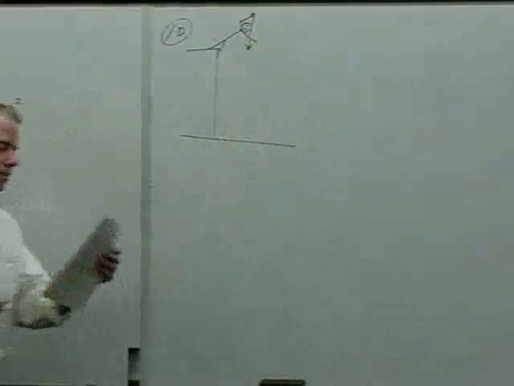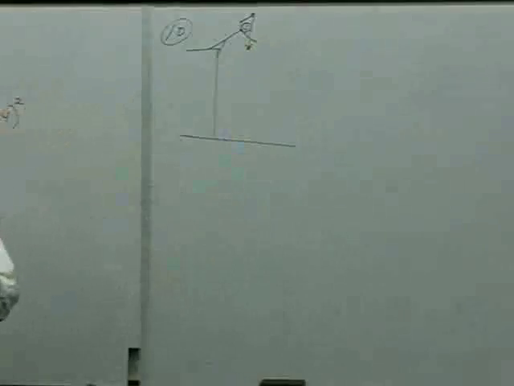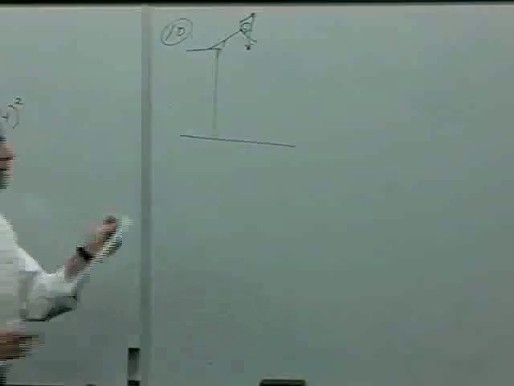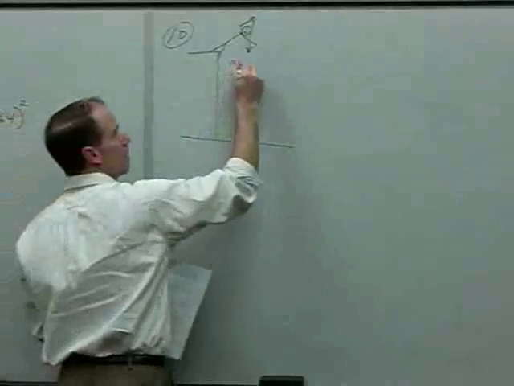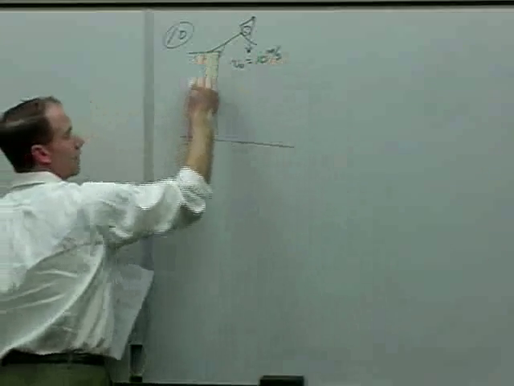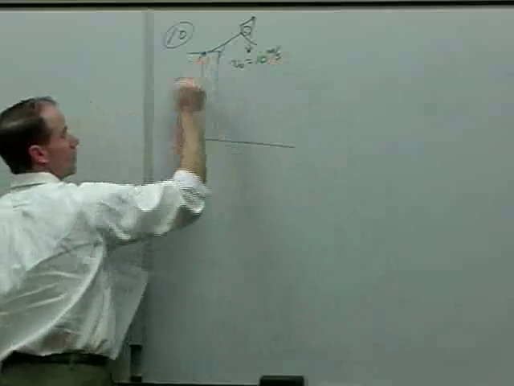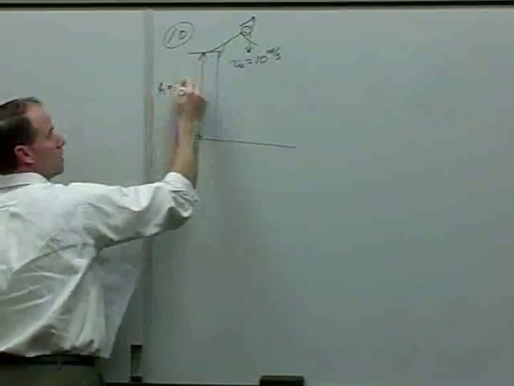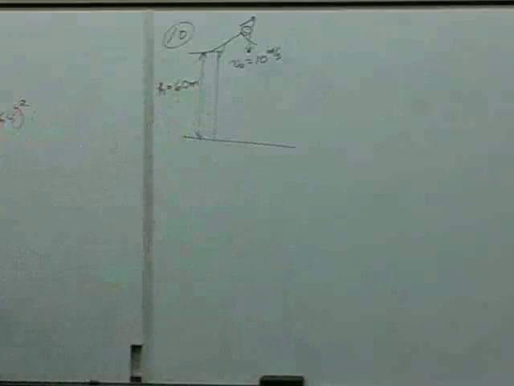All right, so the first object is going to be thrown downward with a speed of 10 meters per second and at a height of 60 meters. I'm just going to call it H for the moment. And at the same instant, the second object is propelled upward with a speed of 40 meters per second.